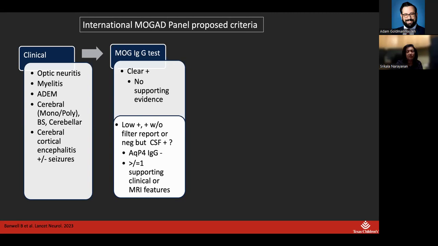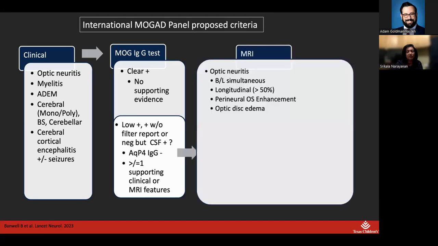You test and make sure that the AQP4 IgG is negative, and they need one or more supporting clinical or MRI features, which would include optic neuritis, which, per the criteria, in MOG antibody-associated disorders tends to be bilateral simultaneous clinical involvement, longitudinally extensive, which means it involves more than 50% of the optic nerve length. There is often perineural optic sheath enhancement or optic perineuritis, and often optic disc edema.